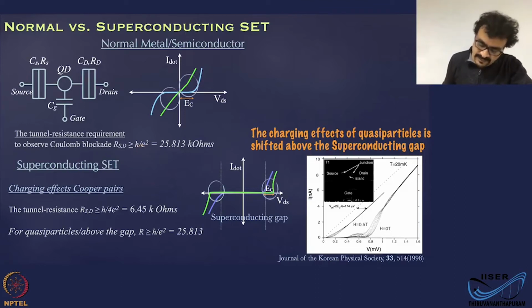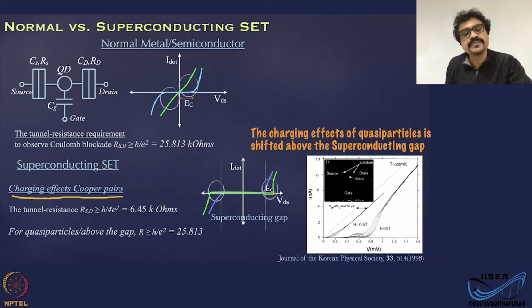But now, for a superconducting system, the charge carriers are Cooper pairs, and the tunnel resistance is h by 2e all squared, or h by 4e squared, which is around 6.45 kilo ohm, not 25.813 kilo ohm.